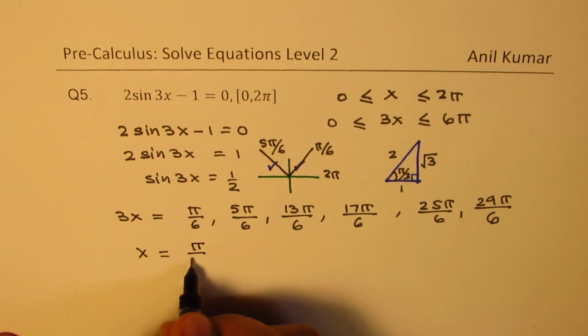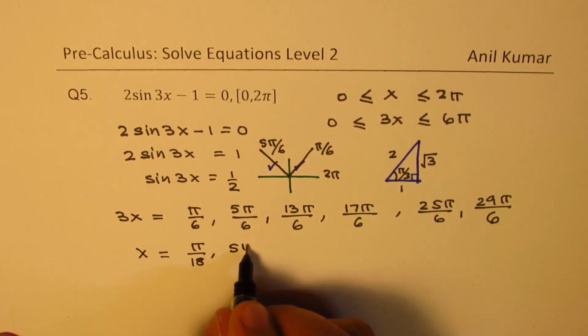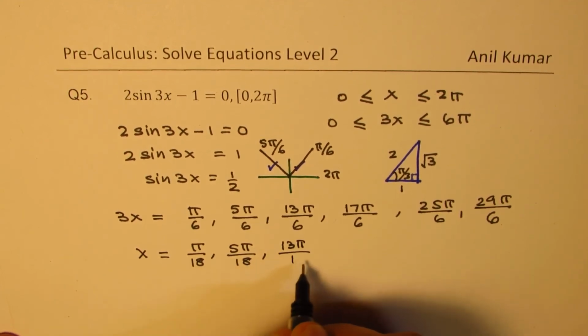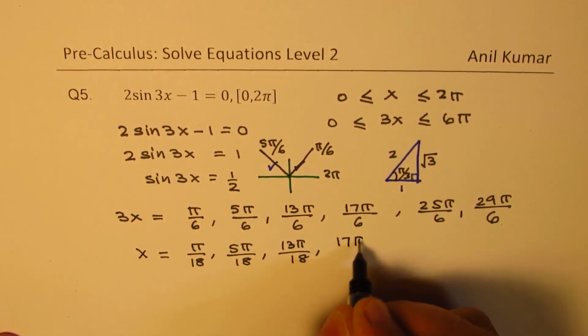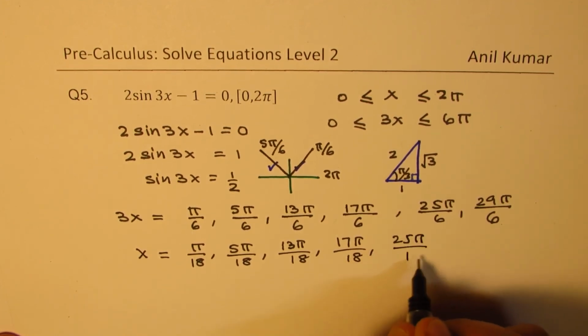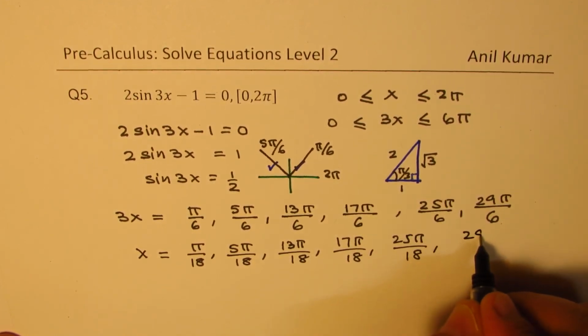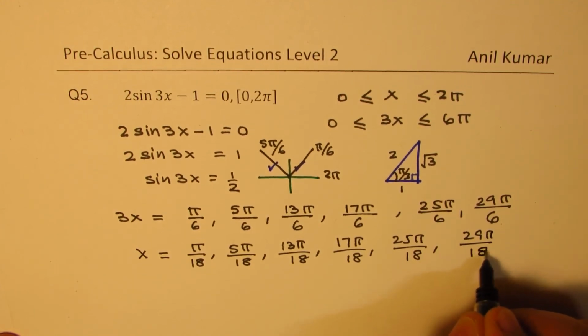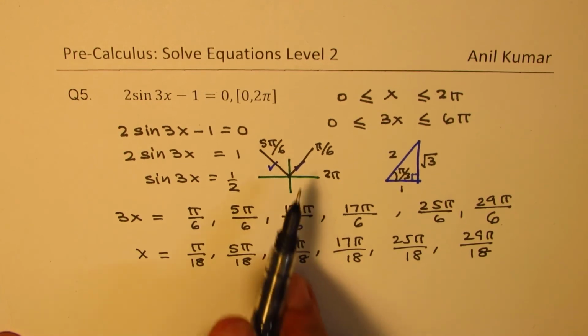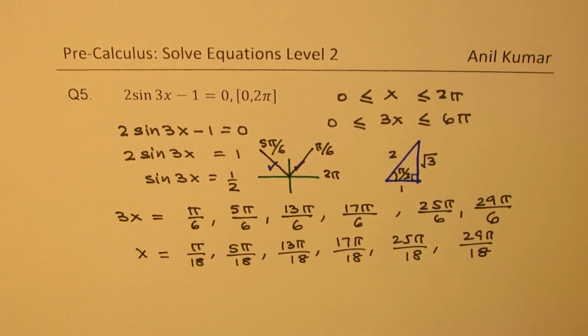So we get pi by 18, 5 pi by 18, 13 pi by 18, 17 pi by 18, 25 pi by 18, and 29 pi by 18. So we have 1, 2, 3, 4, 5, 6 solutions, not just 2. So that is kind of important to understand.